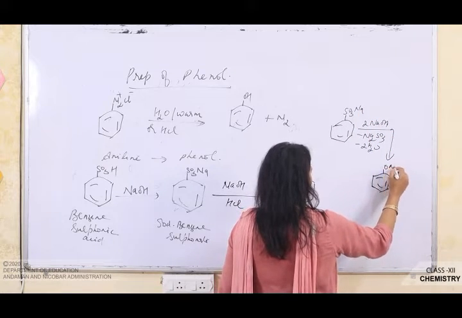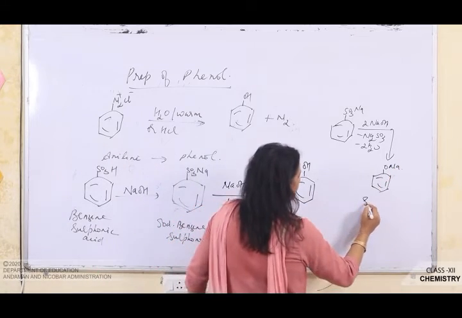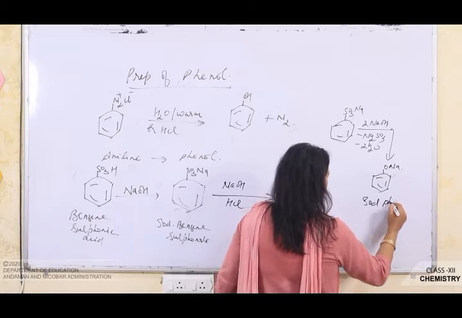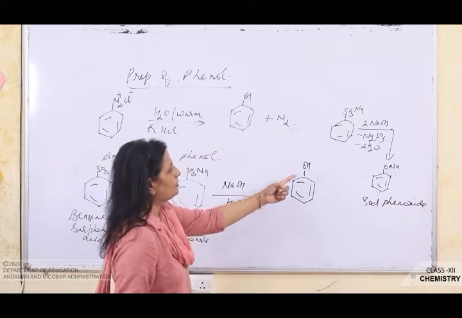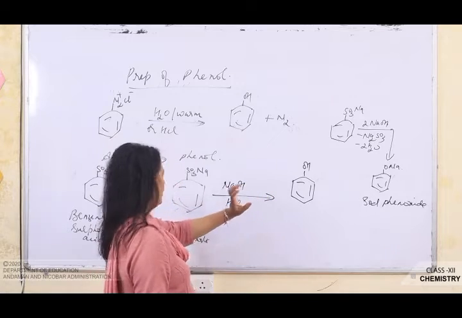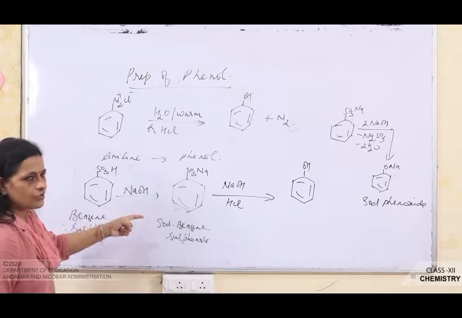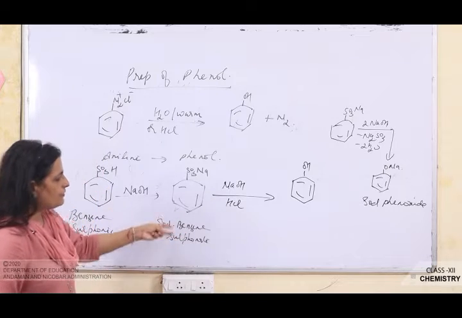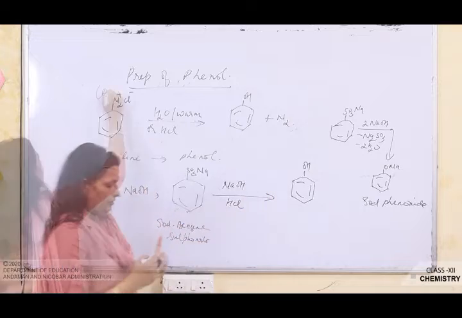Sodium benzene sulfonate is converted to sodium phenoxide, which on acidification you get back what? Phenol. So, got it. Benzene sulfonic acid reacts with sodium hydroxide to give sodium benzene sulfonate, which on reaction with sodium hydroxide and HCl gives you phenol.